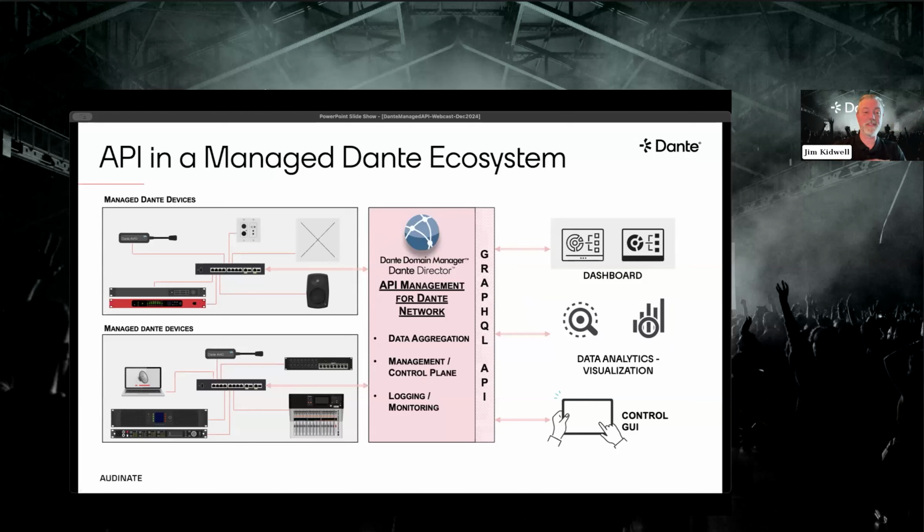You have all of those devices just communicating with themselves. All of the management layer happens at the Dante Director and Dante Domain Manager level. And then what you see here to the right of that, where the GraphQL API sits, that is the Dante Managed API. That is what handles all of the communication between Dante Domain Manager and any other types of devices and or systems that are running off to the right there.